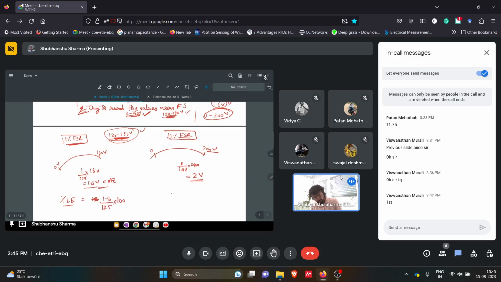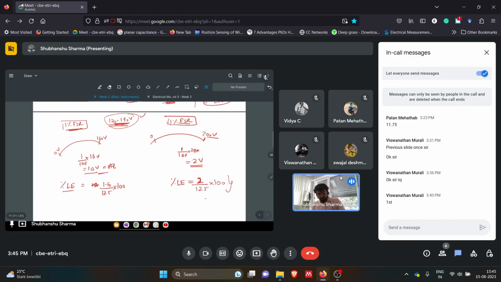In the other case, the limiting error will be 2 volts divided by 125 into 100. So the percentage limiting error for your measurements is high with this instrument, while the other instrument gives lower errors for your measurement values.